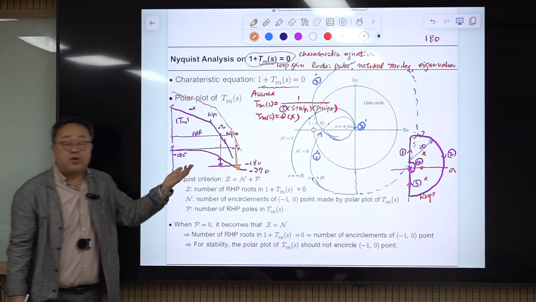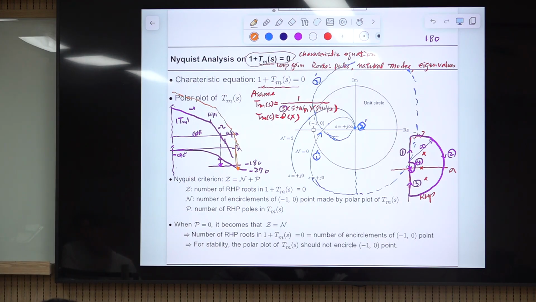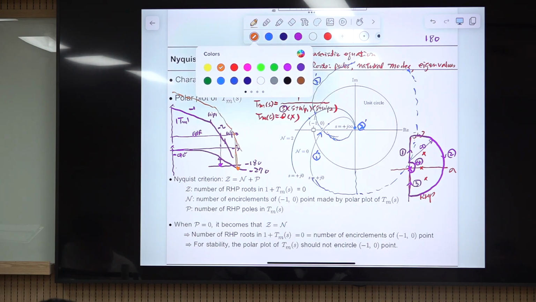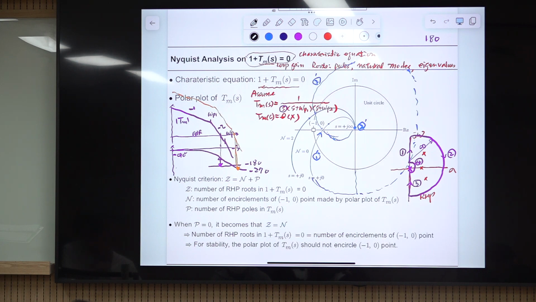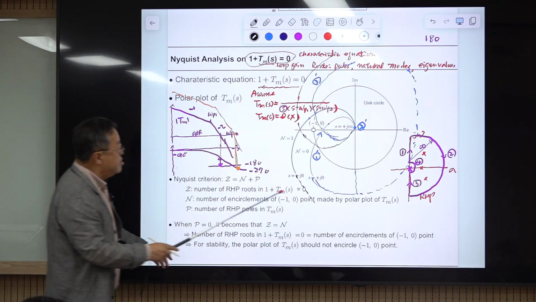If you draw the polar plot of this, let me use some other color. I have many colors here. Then it's going like this, and the mirror image of this part is going like this, and they merge together. All right. So the first one is this one.